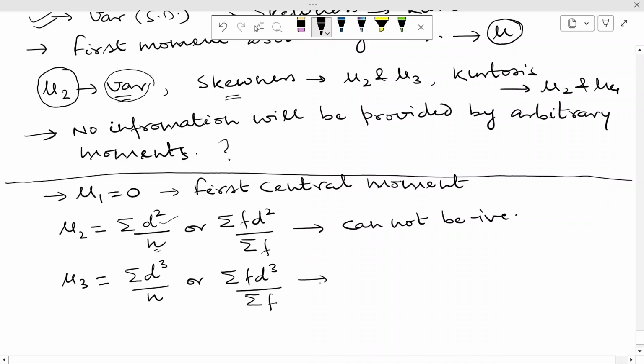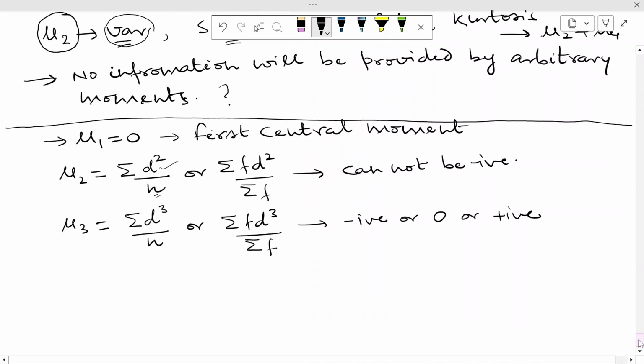So this third moment involves the cubic power of the deviation. So this can be negative, or 0 or positive. So your third moment can be negative, 0 or positive.